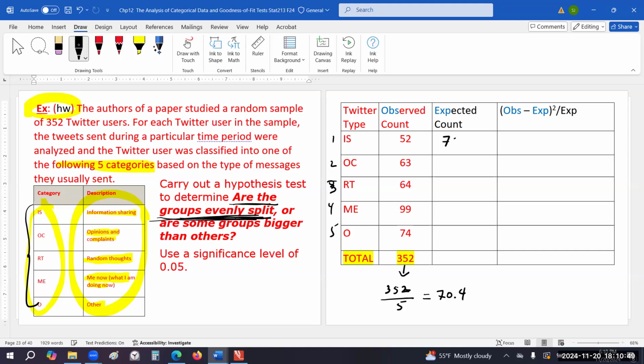So each one of them is 70.4. That is what we expect to have.